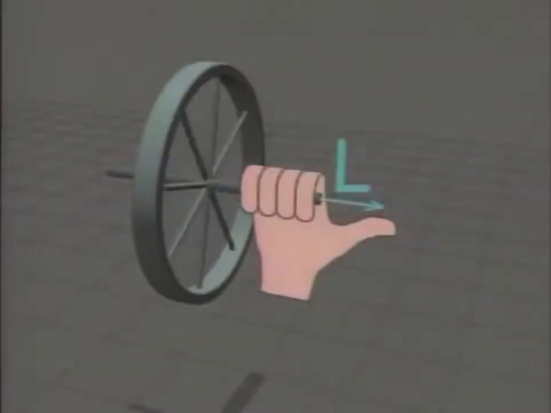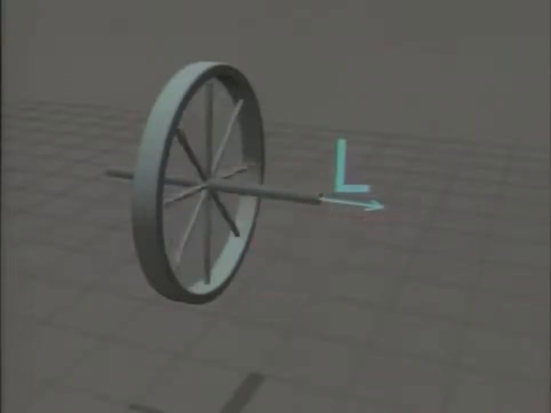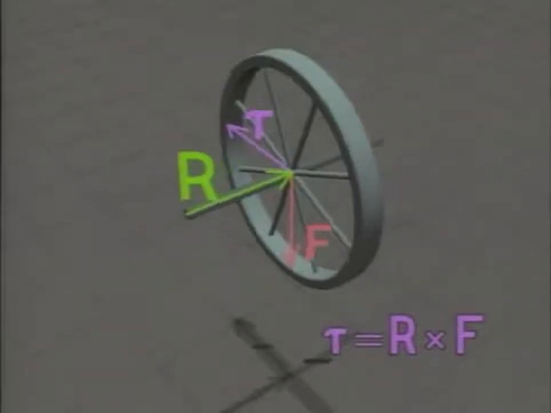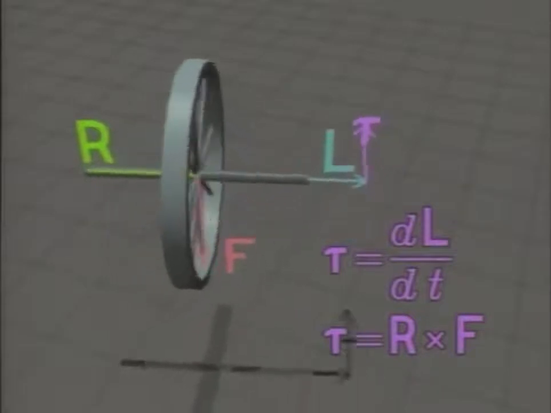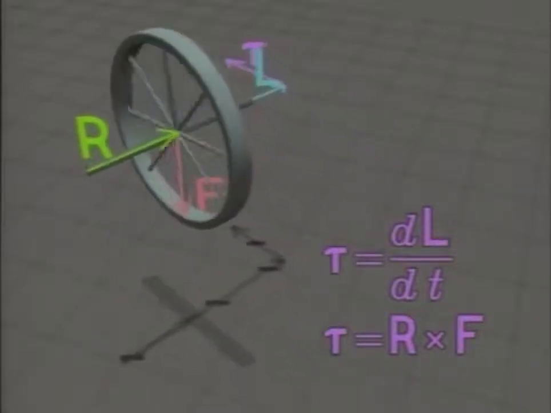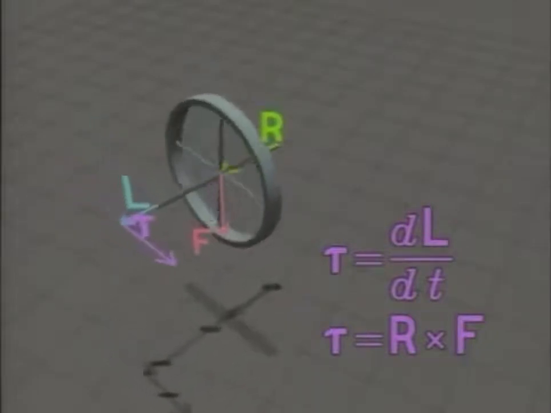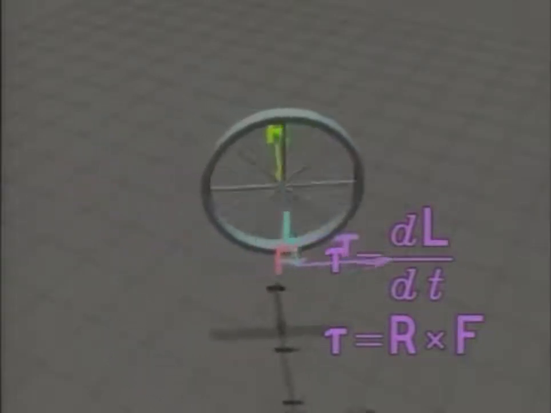But a spinning wheel is already rotating. It has angular momentum to start with. Now, torque can make that angular momentum change, but in a different way. In fact, now gravity can play a strange trick. Its force is downward, but the torque is sideways. According to the equation tau equals dL/dt, the angular momentum will rotate sideways.